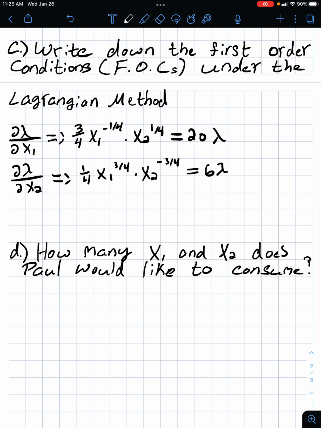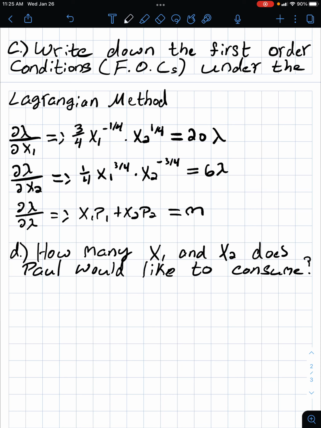And finally, let's solve for the partial derivative with respect to lambda. This gives us x1 p1 plus x2 p2 is equal to m.